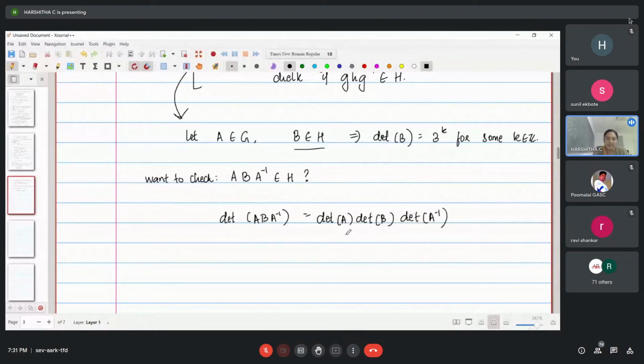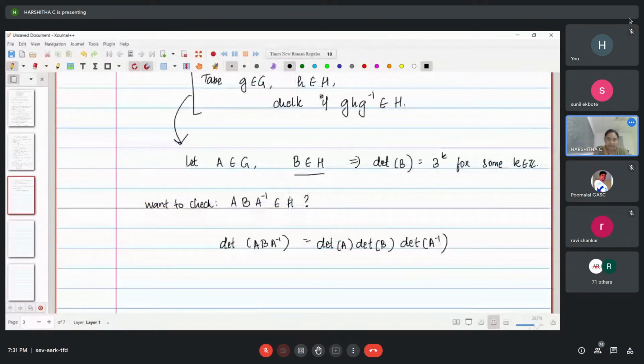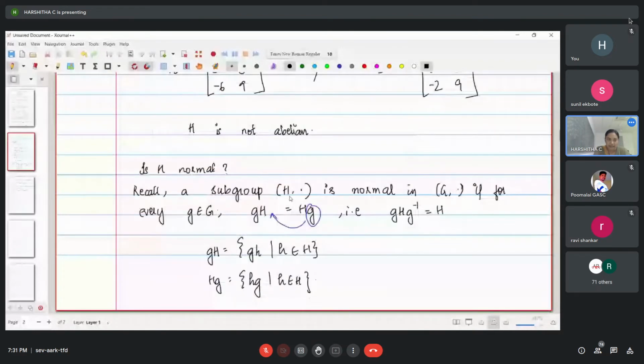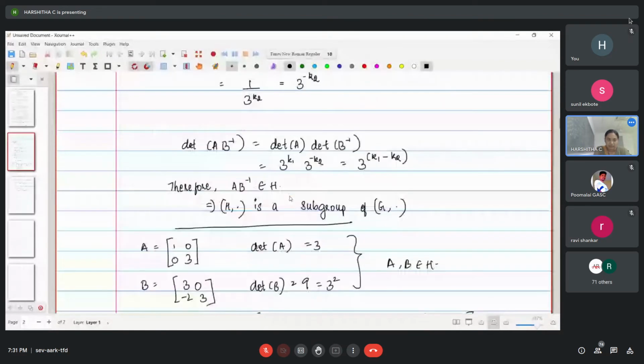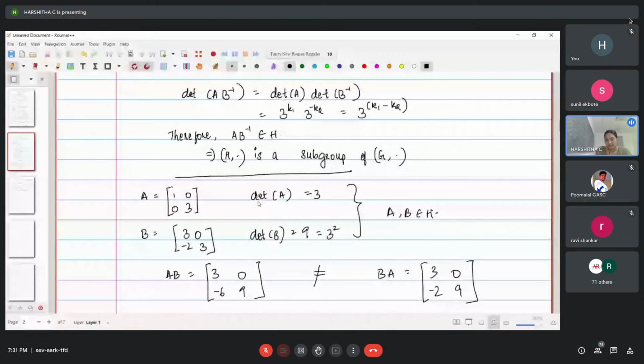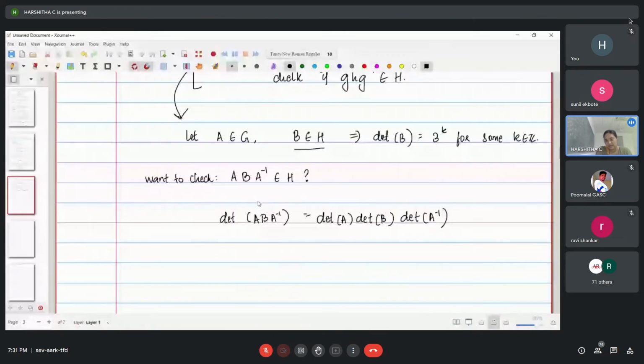Now you go back and see what did we do about determinant of A inverse. It is nothing but 1 by determinant of A, right? As I said, this fact is true for any invertible matrix. So this determinant of A inverse, I'll just replace it by 1 by determinant of A. So these two quantities cancel.